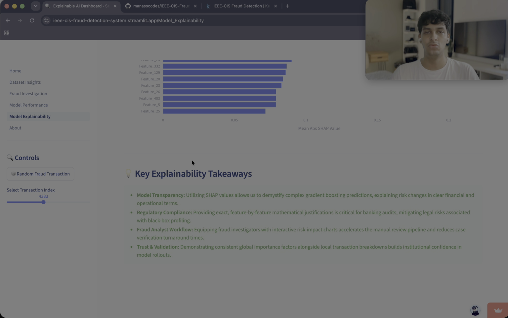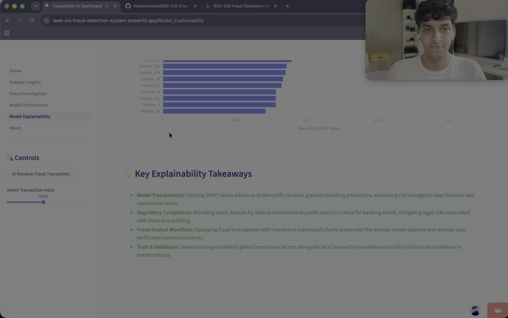Obviously, you need multiple cross-domain people like risk compliance people, fraud analysts, banking audit people, and legal people for mitigating risk, who can help us minimize the fraud. So what is the fraud analyst workflow? Equipping fraud analysts with investigating this transaction, which is given on past data, we can then integrate real-time data ingestion using extract, transform, load, which is a further advanced technique of ML, which I will use in upcoming projects.